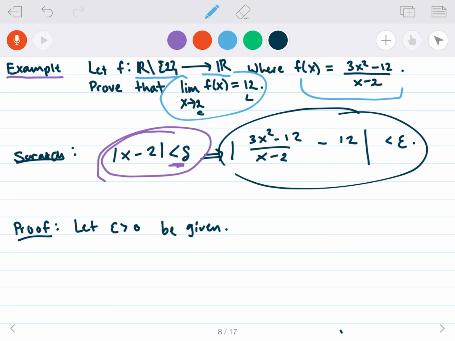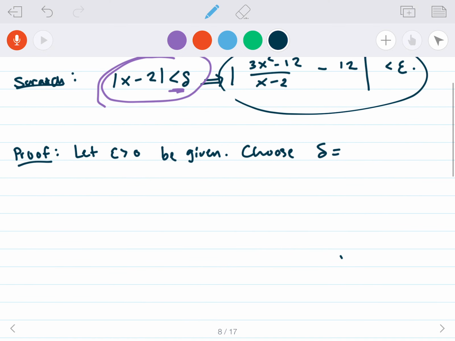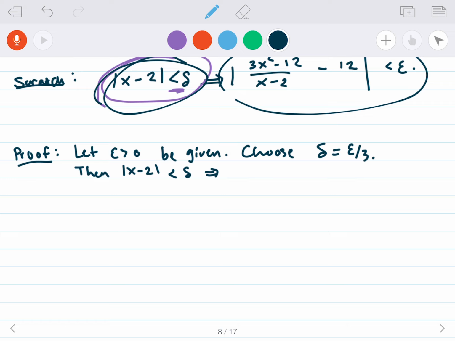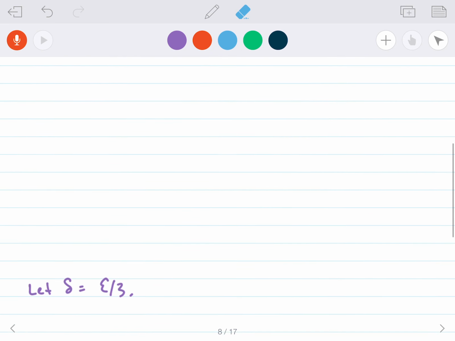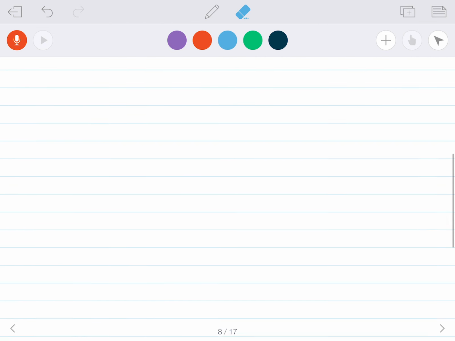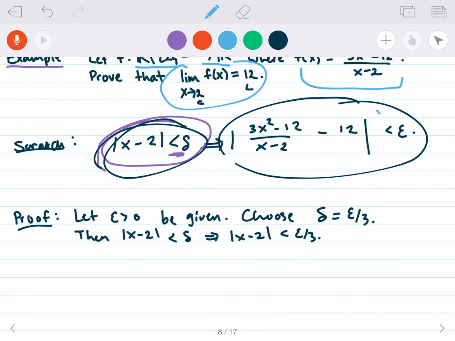And here's our control. We choose delta equal epsilon over 3. Then, hypothesis: absolute x minus 2 less than delta is going to imply that absolute x minus 2 is less than epsilon over 3. And we're trying to show that this then implies that this guy is less than epsilon.